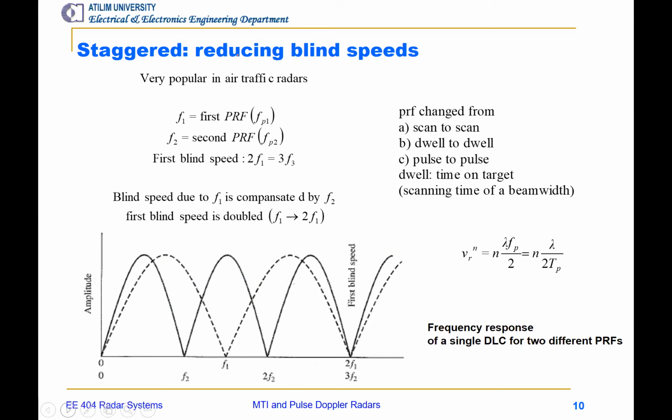Here in this slide, we see a two-PRF system, so we got two PRF values. And remember the delay line canceller. The response of the delay line canceller was given, as you might remember, as 2 sin(π fD Tp), right? This was the response.